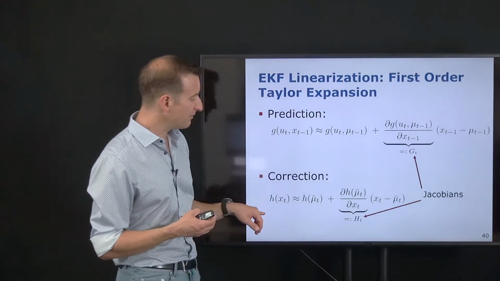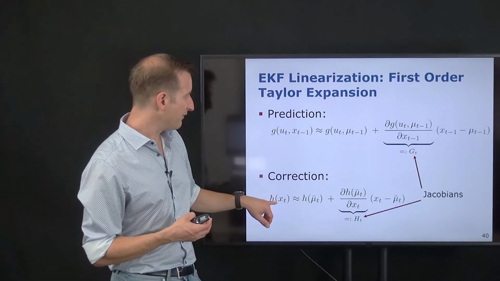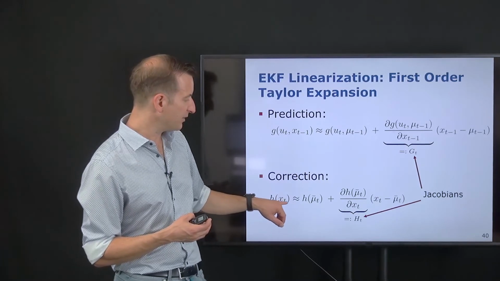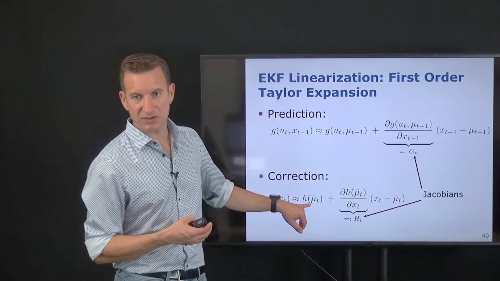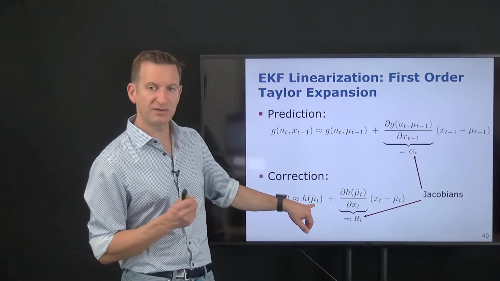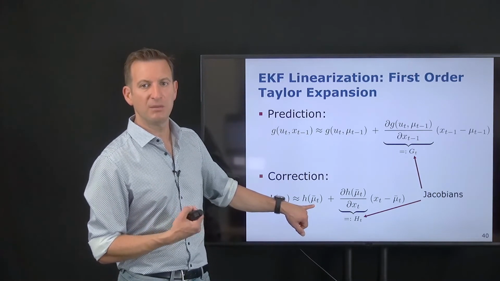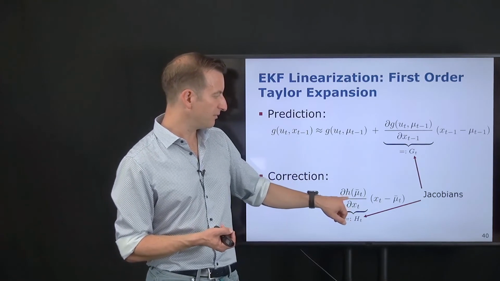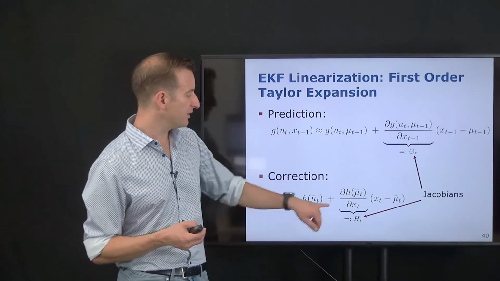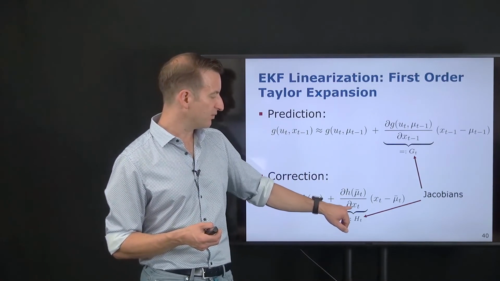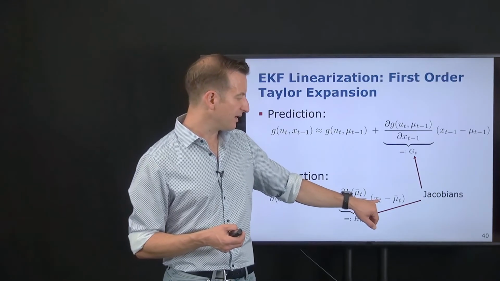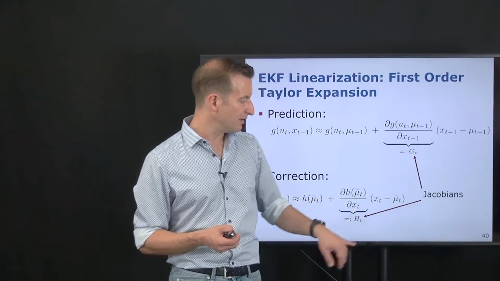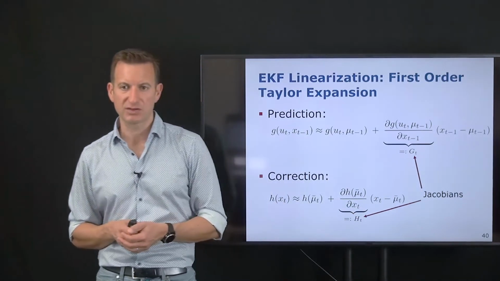Same thing for the correction step. If I have my function h that depends on x_t, this is my variable over here, I say I am at my linearization point, which is the predicted belief, because it is the best estimate that I have about the state before executing the correction. Then I compute the first derivative, or the Jacobian in the multidimensional case, of that function h with respect to x_t, and then I have x_t minus the predicted mean, so how far my variable is away from my linearization point.